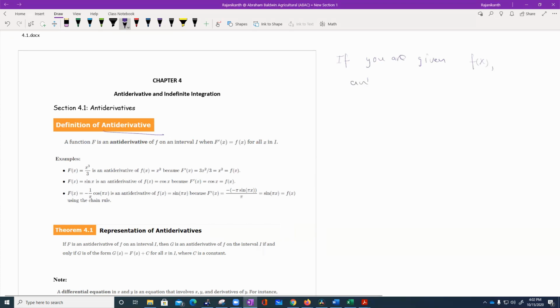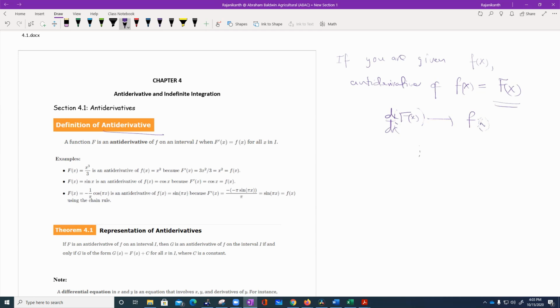Say my answer is another function, big F(x). What does that mean? That means if you differentiate the answer, the antiderivative of little f, that should give you back the original function you were given at the beginning.